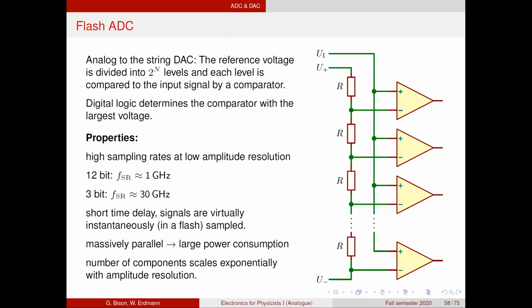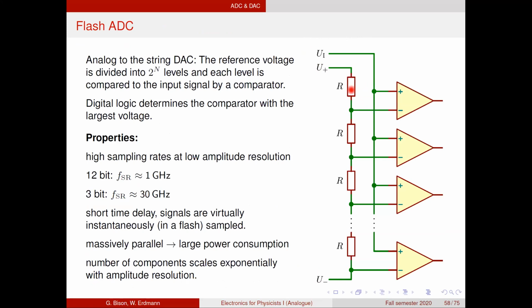Okay, now we can come to ADCs. And the direct correspondence to the string DAC is the flash ADC. So what we do here is we have an input voltage, and then again we need a plus and a minus reference voltage.